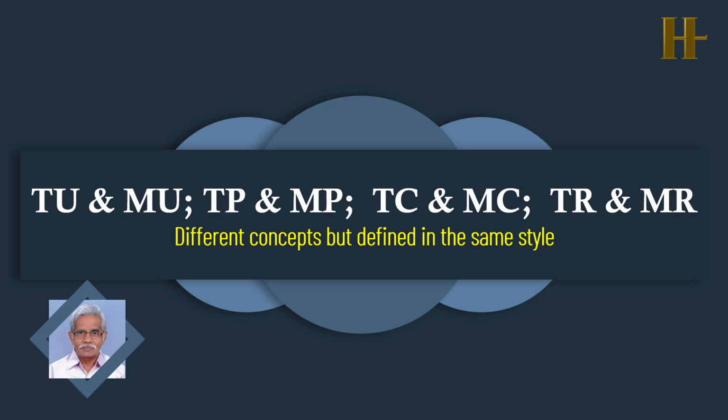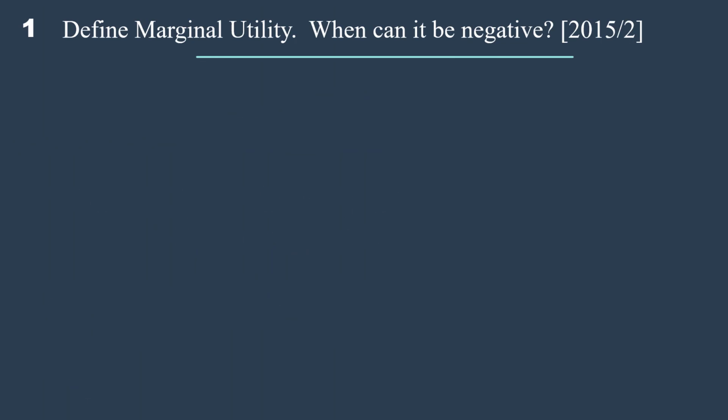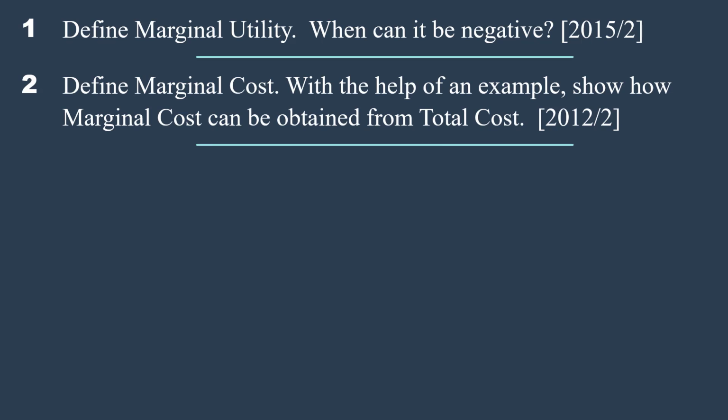Before we go inside the lesson, read these questions. Define marginal utility. When can it be negative? Define marginal cost. With the help of an example, show how marginal cost can be obtained from total cost.